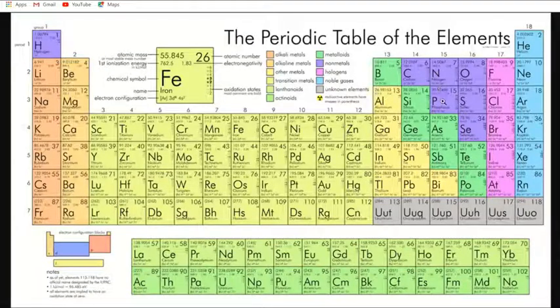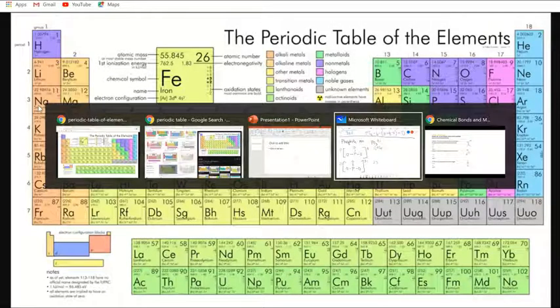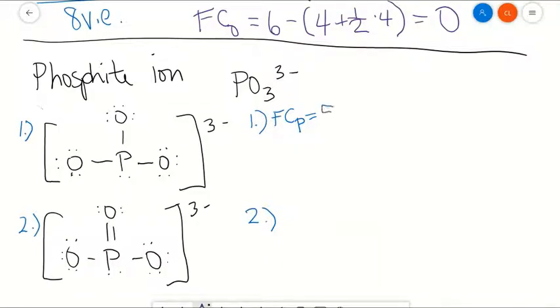Phosphorus is right here. 1, 2, 3, 4, 5 is our valence electron count. So 5 valence electrons minus lone electrons. Those are these 2 electrons right here.